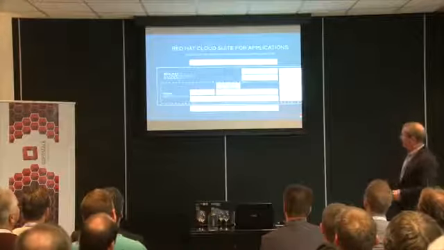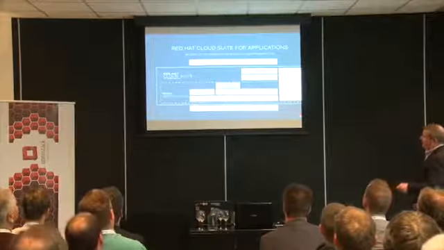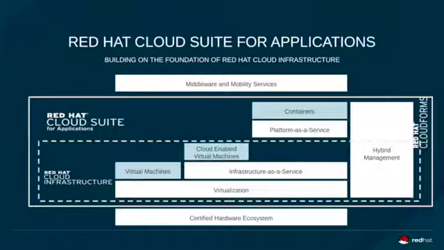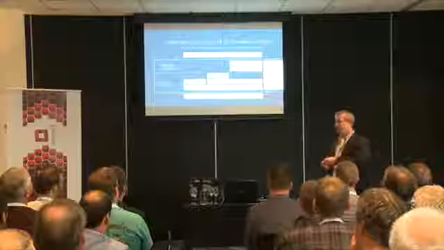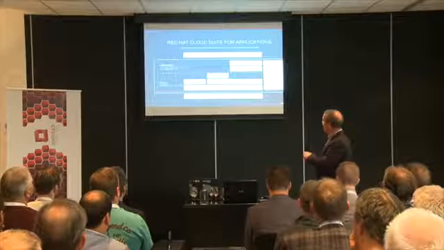Here you see a little bit of a picture. What we had is Red Hat Cloud Infrastructure, so virtualization, OpenStack, RHEV, etc. Infrastructure as a service. Satellite also for provisioning and orchestration, and now we're going to introduce platform as a service, OpenShift, into a new bundle and have that completely managed.